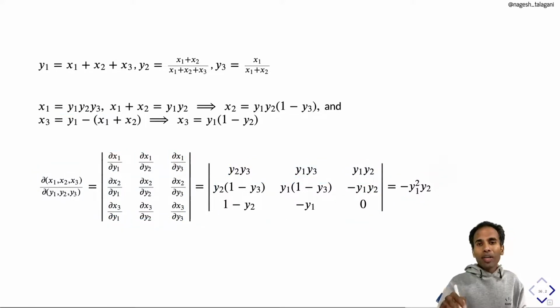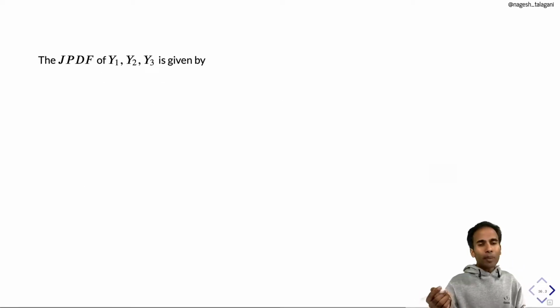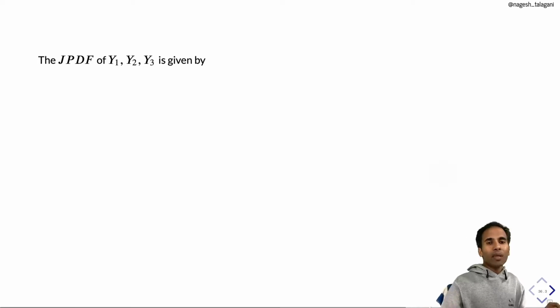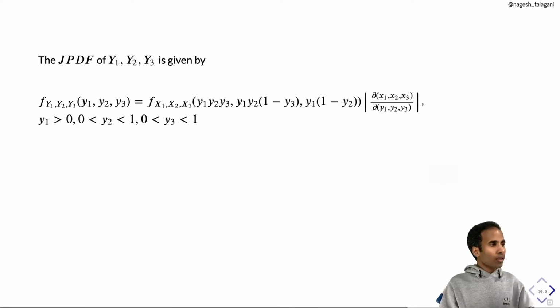Now let us write down the joint PDF of Y1, Y2, Y3. The joint PDF of Y1, Y2, Y3 in terms of the joint PDF of X1, X2, X3 and the Jacobian of the transformation that we computed is going to be this.